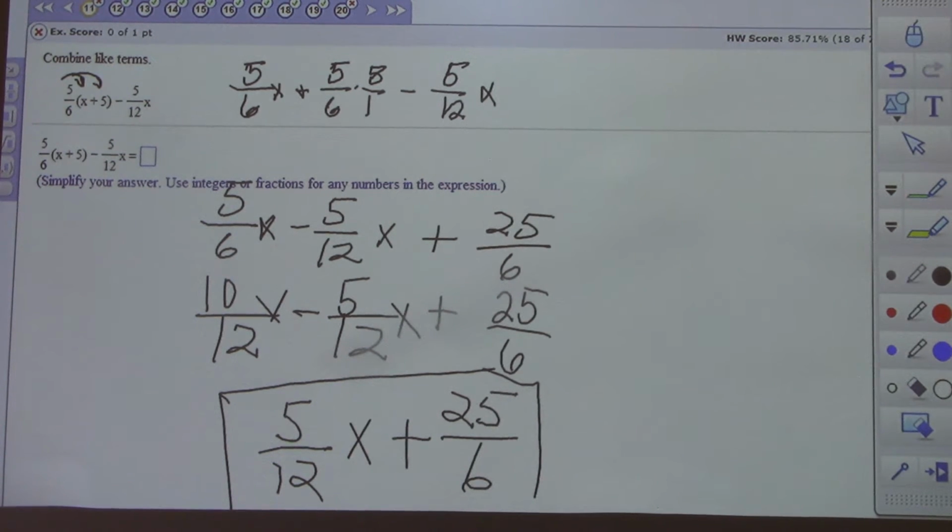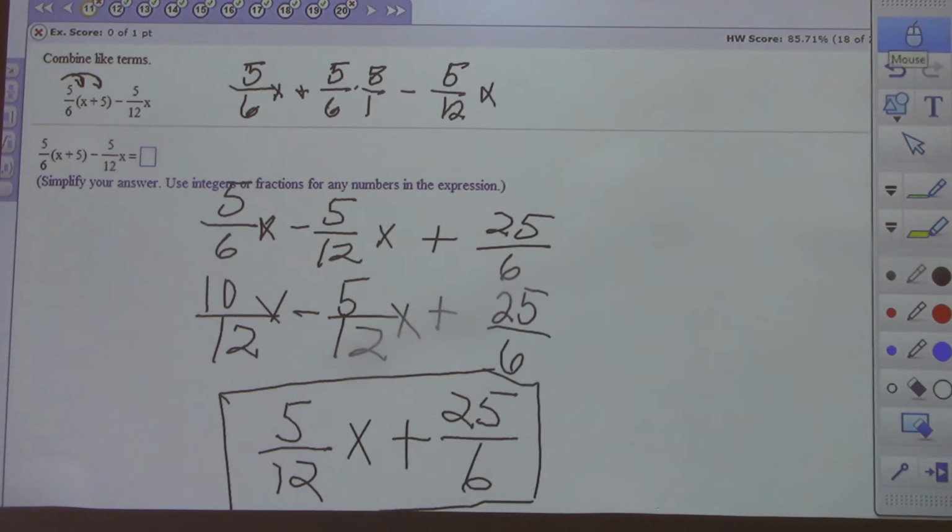All right, everybody good on that one? Another answer would be 5/12 x plus 50/12. That wouldn't be a possibility in a lot of math courses because 50/12 is not reduced, but I would take either answer.